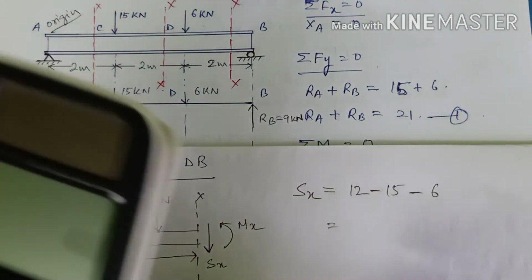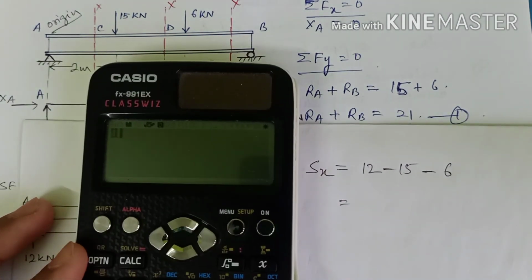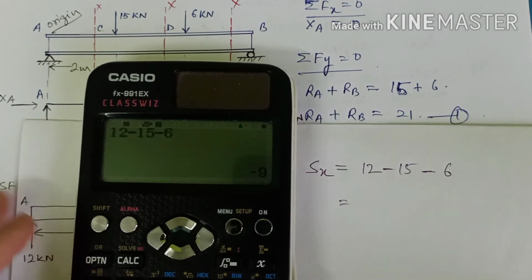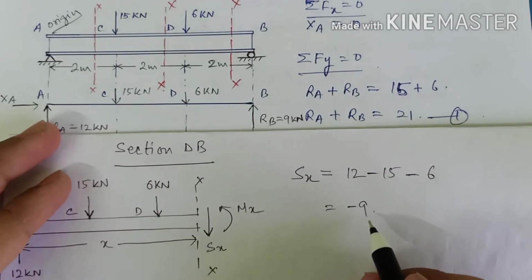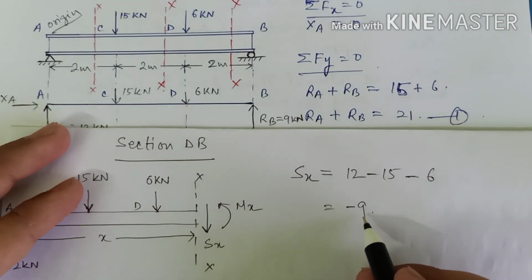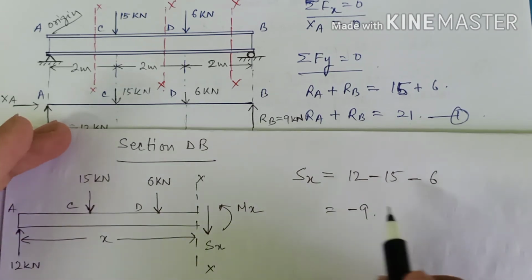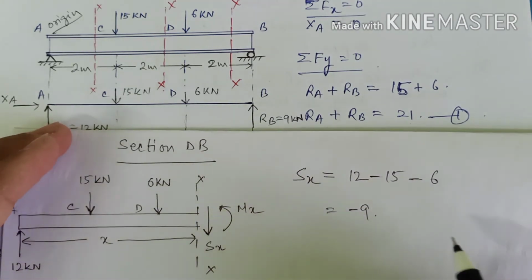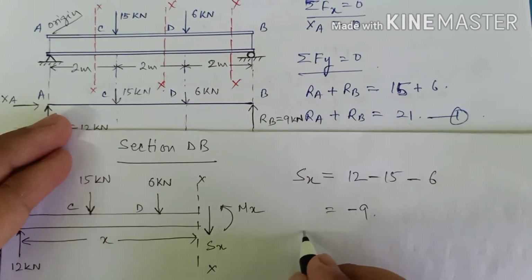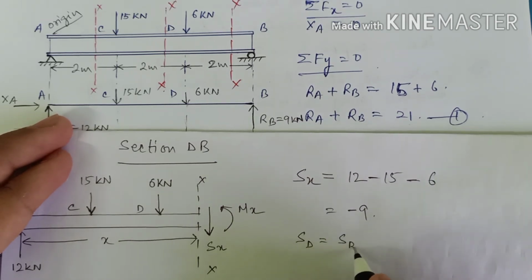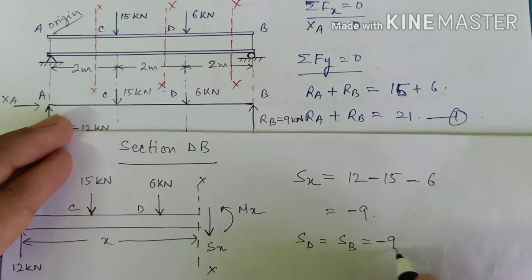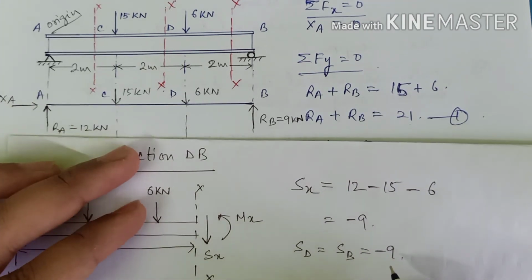So if you calculate this, basically 12 minus 15 minus 6, it will be minus 9. So same thing guys, we don't have any variable x in this shear force in our section DB, right? So we can say the shear force at D will be equal to the shear force at B, which is minus 9.